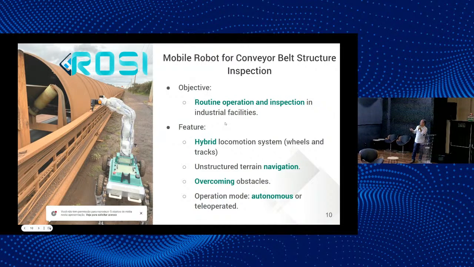That's the main idea for Vale, the Valley of the Rio Doce, at the time. Here you can see the robot on the platform.